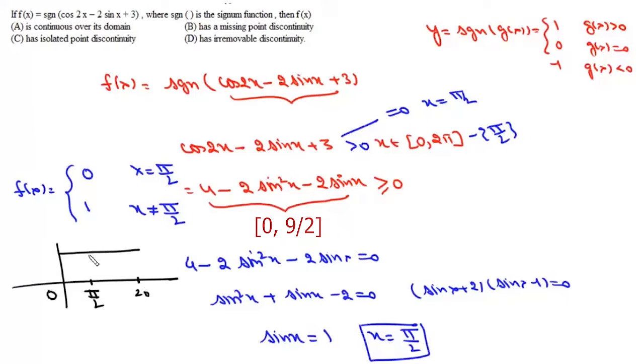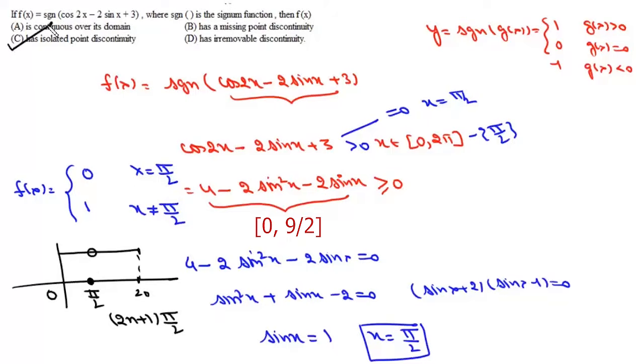Now this value will be 1 except at pi by 2 this value is 0. And since it is a periodic function, this graph will be repeated like this. Now whenever this function will have a discontinuity, it will have discontinuity at odd multiple of pi by 2. It will be discontinuous at (2n plus 1) pi by 2, and it is an isolated point discontinuity, and that's your option C.